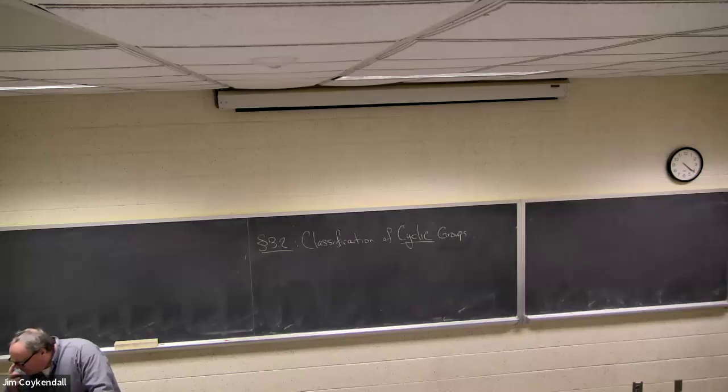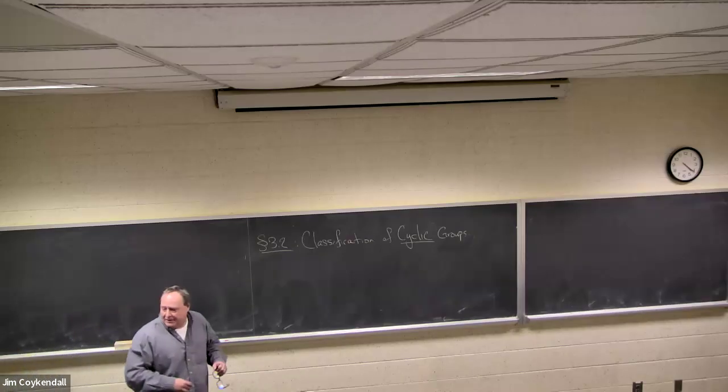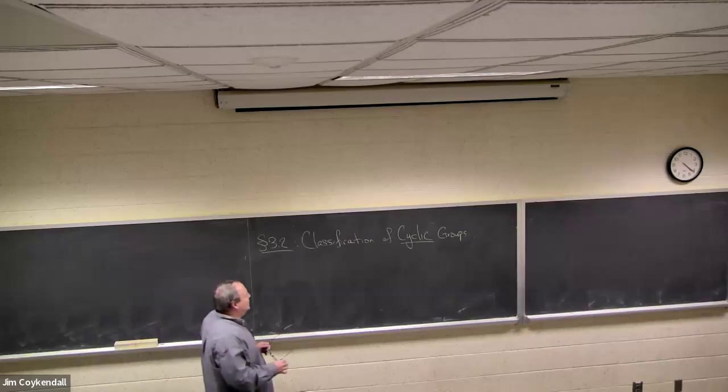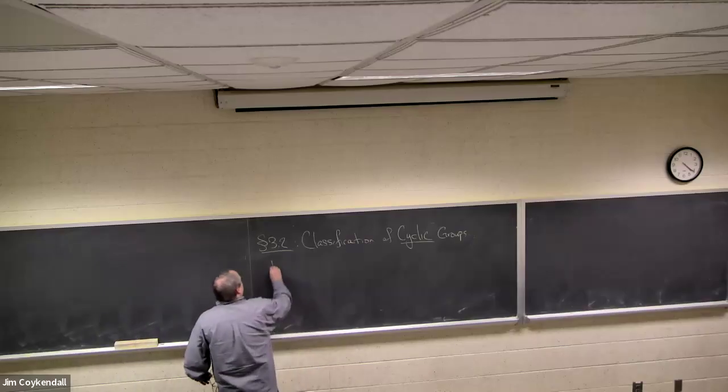So, without further ado, I should tell you, in fact, what it means for a group to be cyclic. A cyclic group is, well, let me give you that definition.